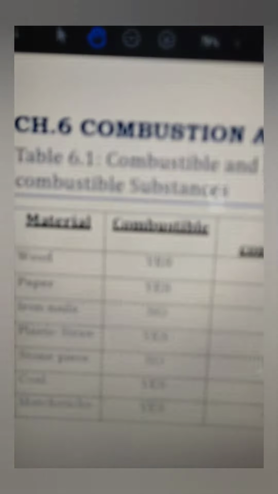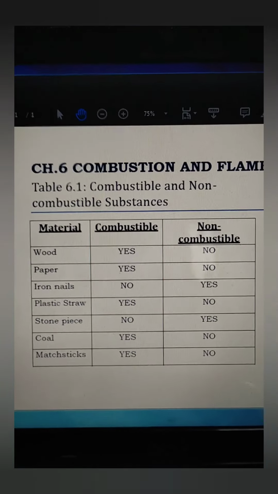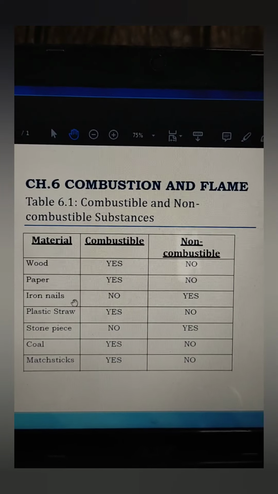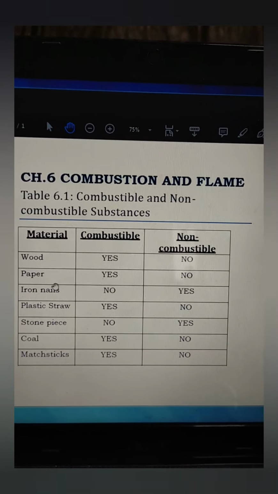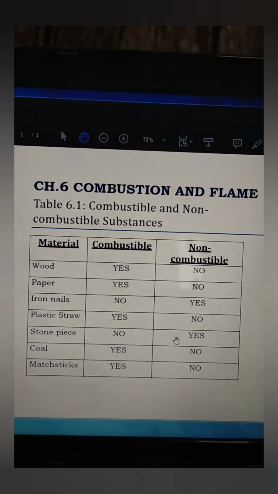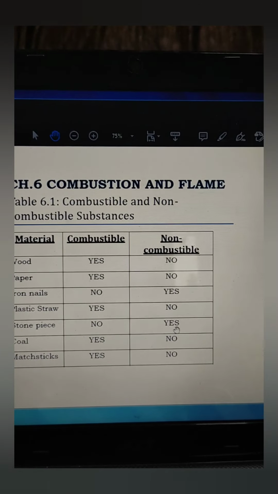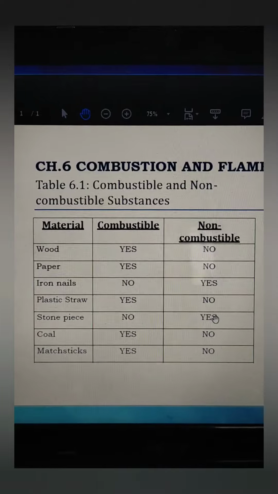Lastly, we have concluded that of the materials I have taken, wood is combustible, and paper is combustible, iron nail is not combustible, as we have seen that it does not catch fire, plastic straw is combustible, and stone piece is not combustible as it gets a black coating, but it couldn't catch fire.